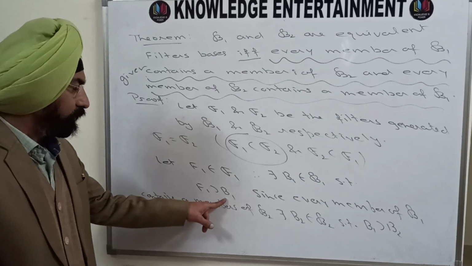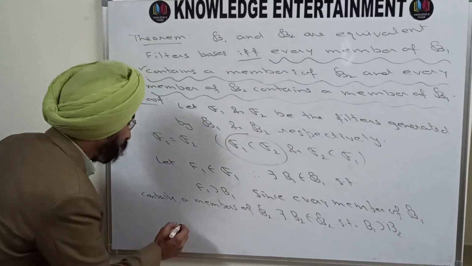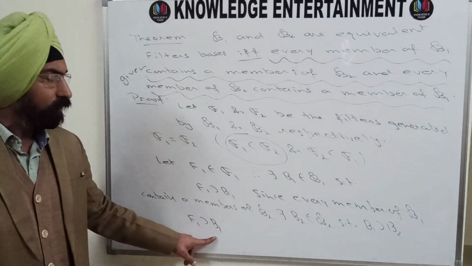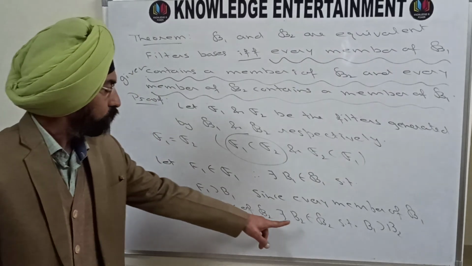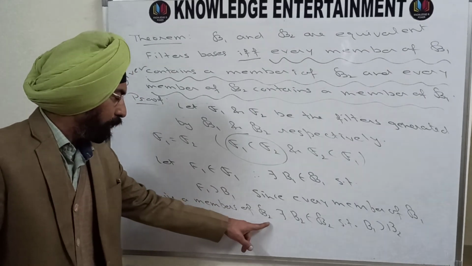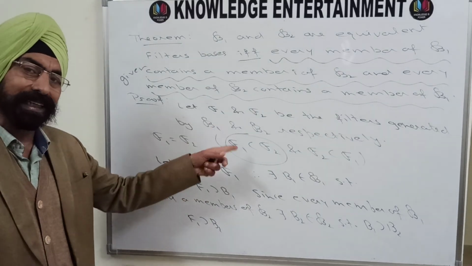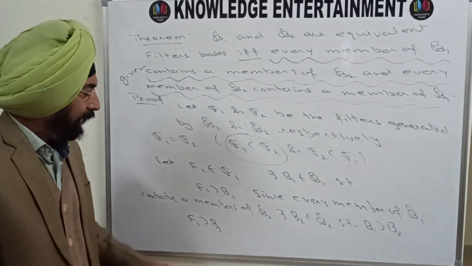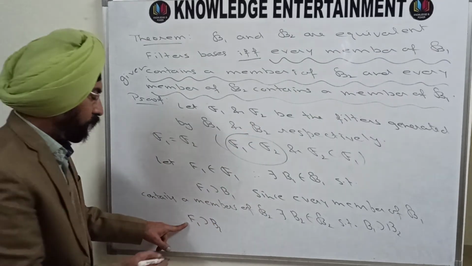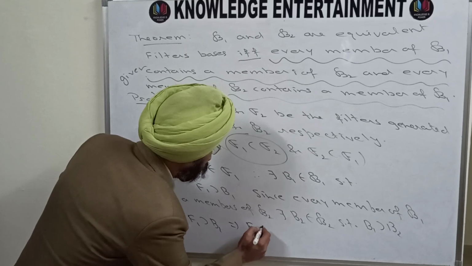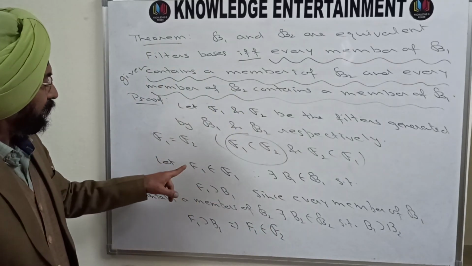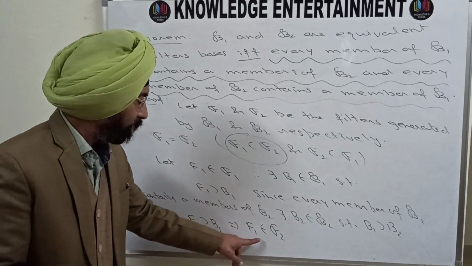Now f1 contains B1 and B1 contains B2, that means f1 contains B2. B2 is a member of the filter base B2, and we know that supersets of the members of a filter base are the members of the filter generated by that filter base, and the filter generated by B2 is F2. So f1, a superset of B2, belongs to F2.